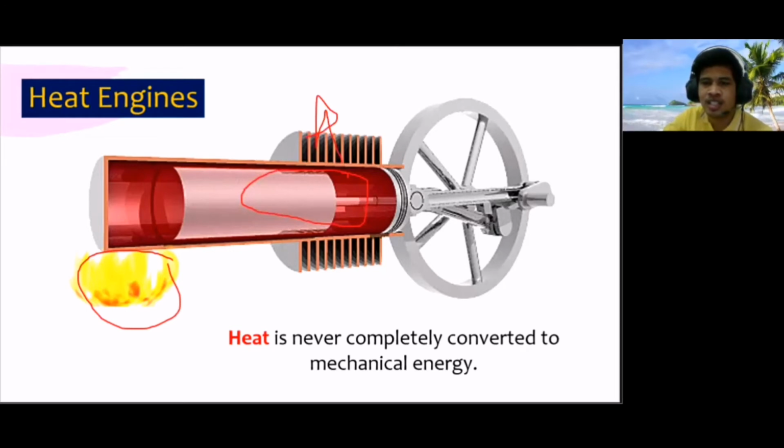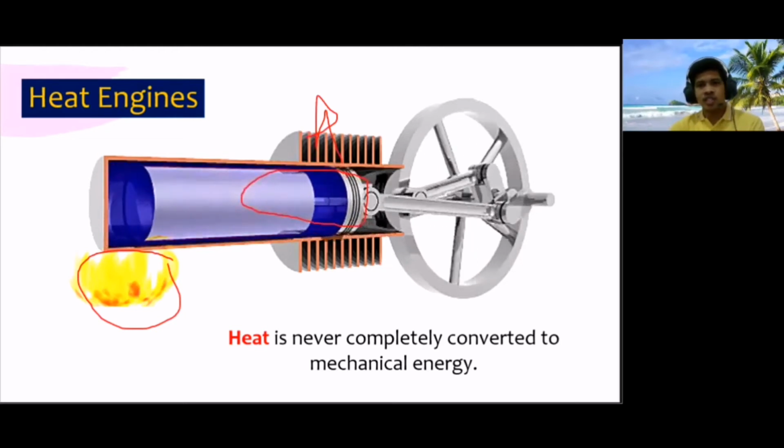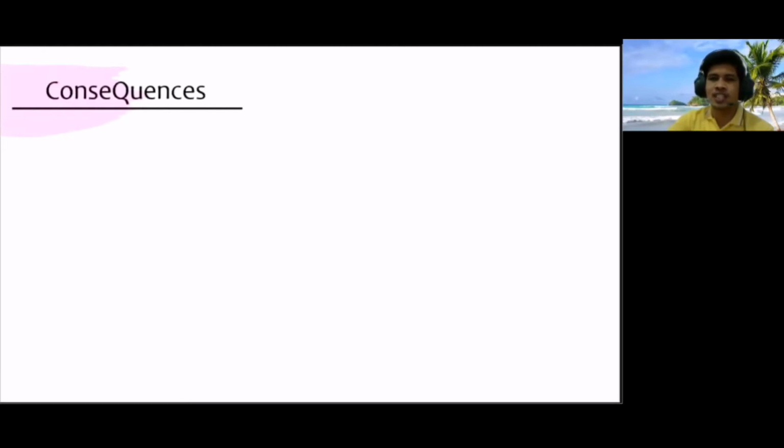That's why it's not always 100% efficient. Now, by this, it means that we have at least two consequences of the second law of thermodynamics. Let us look at the first one.